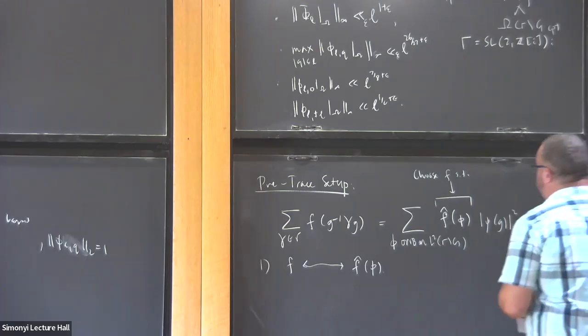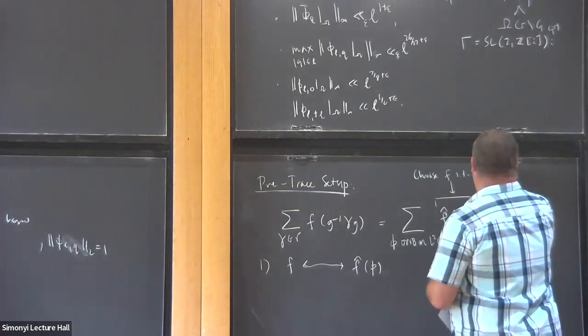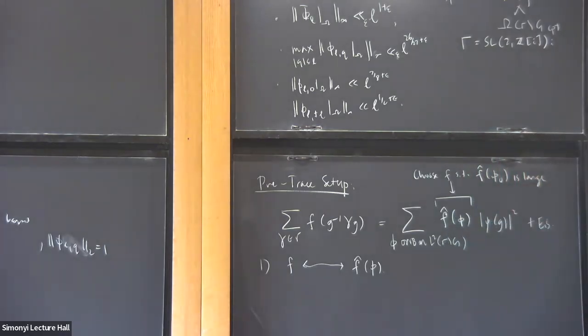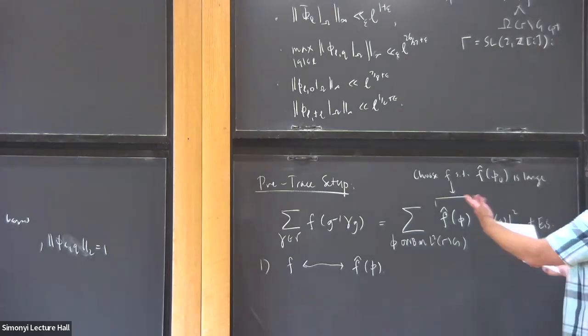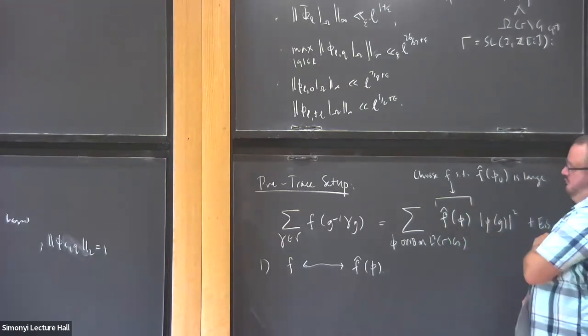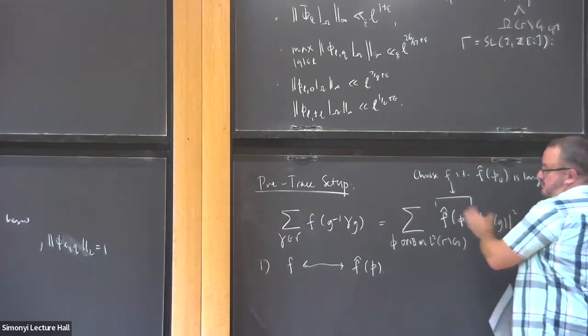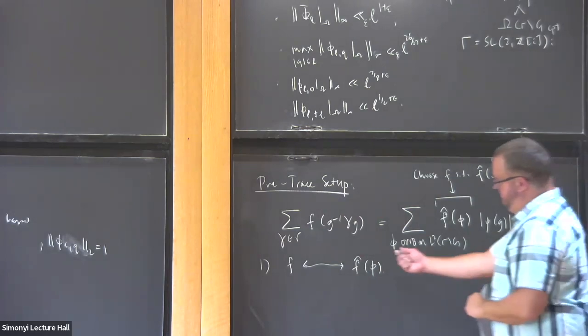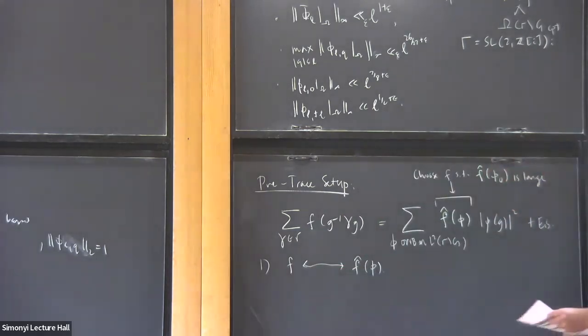So you want to choose f so that f hat is large at your preferred form. That gives you a good handle. You get a large coefficient times what you want to estimate from above. And then you somehow have to see what happens on the other side, depending on your f. So that's why you have to be able to go backwards.